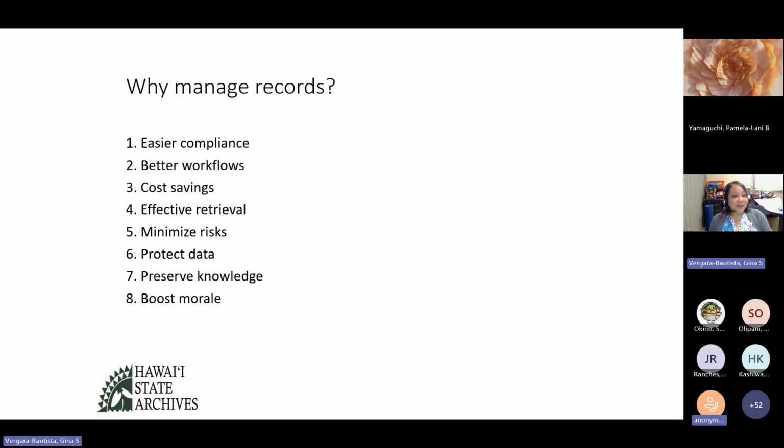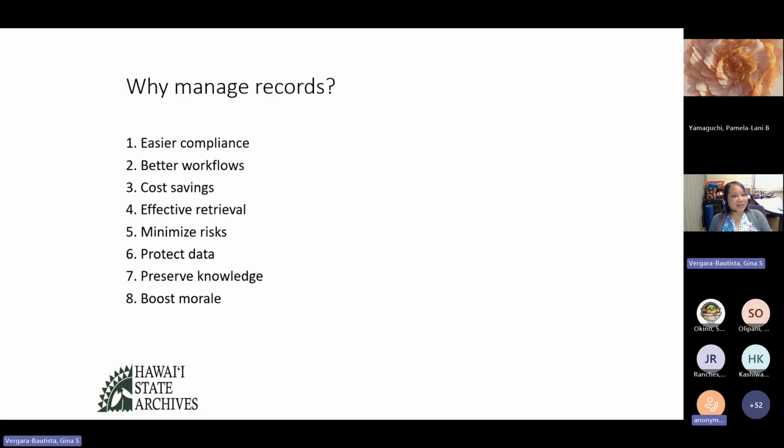And of course, eight, having a well managed set of records boosts morale because we're not putting a lot of burden on our staff to find records that we need because they are well organized.